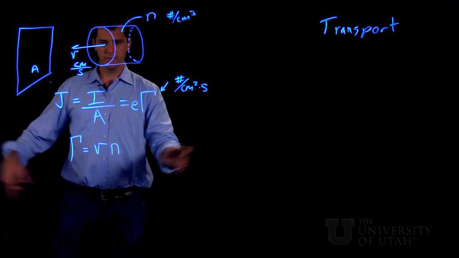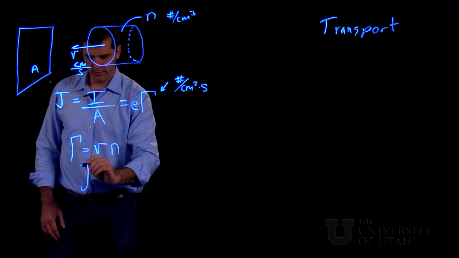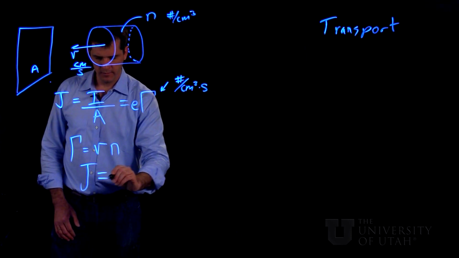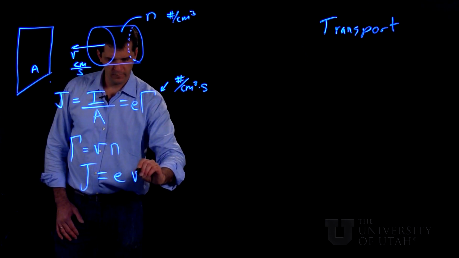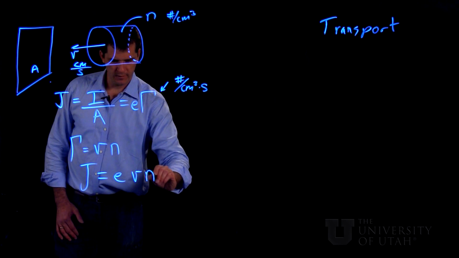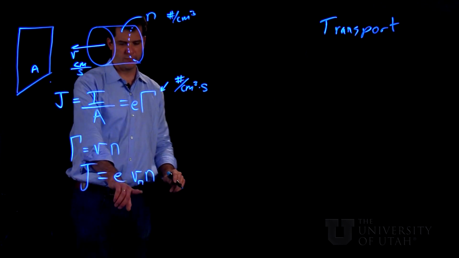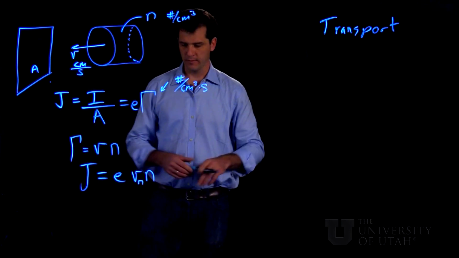And then we can substitute in and get, in the end, that our J is E times V times N. And I'm going to use a subscript N here to denote electron velocity.